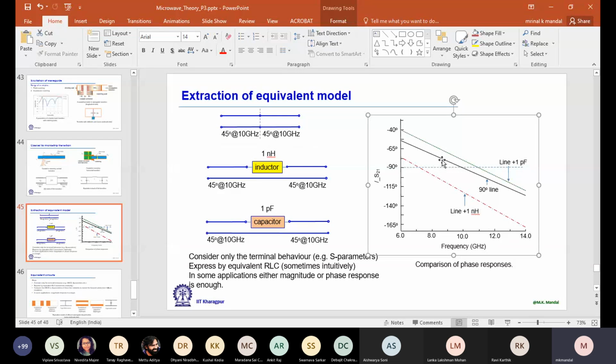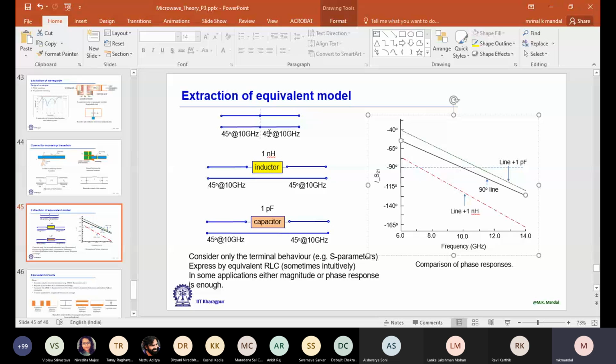Look here, this black line is for this 90° transmission line, and it is minus 90° at 10 gigahertz. The equivalent electrical length will change with frequency, as you know: theta is equal to beta times L, and beta is 2 pi by lambda g. Lambda g is changing, so the equivalent theta will change.